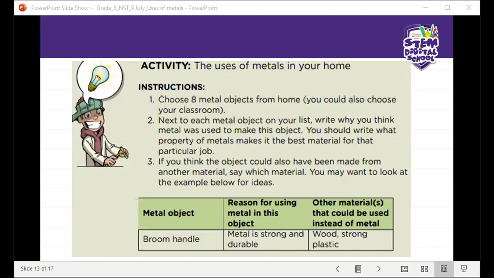All right, beautiful, Leletu. So what if they didn't use metal? What other material could they have used to make that stapler? Oh, okay. They could maybe use. Do you think wood would have worked?